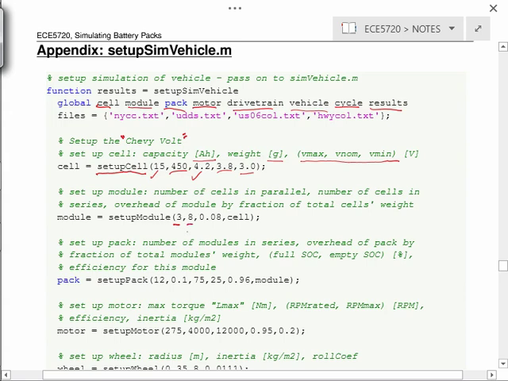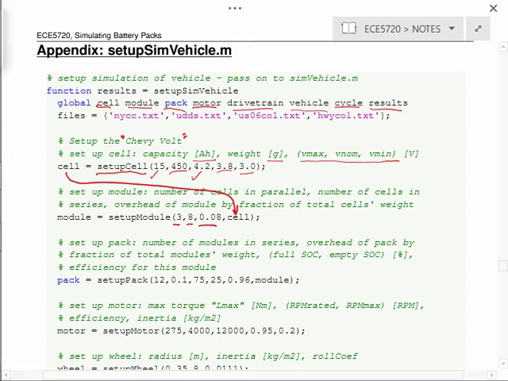There's 8 in series in a module, at least in our model there is. And we're saying that there's an 8% packaging overhead. So the module is, I take all of the cell weights, add them together, and multiply by 1.08 to get an overall module weight. All of that stuff is going to get put together, and I make a data structure called module. So you can see we're building something up step by step. This cell is part of the module.